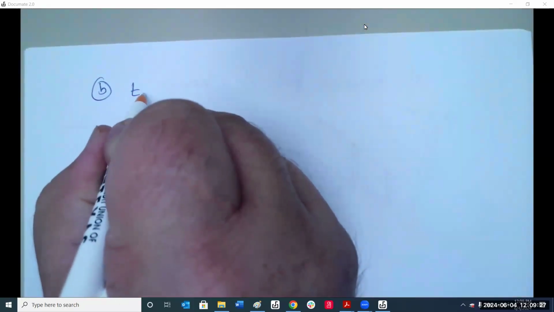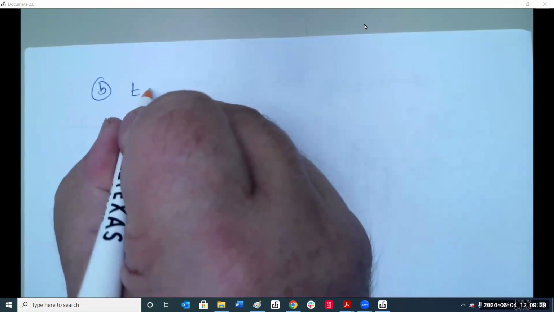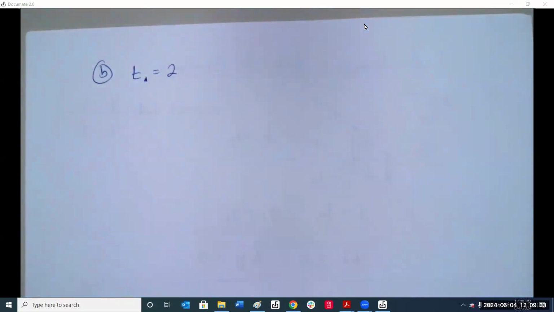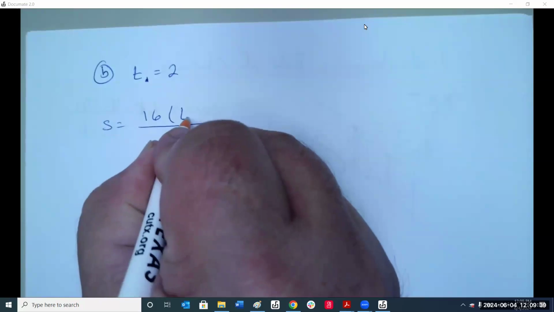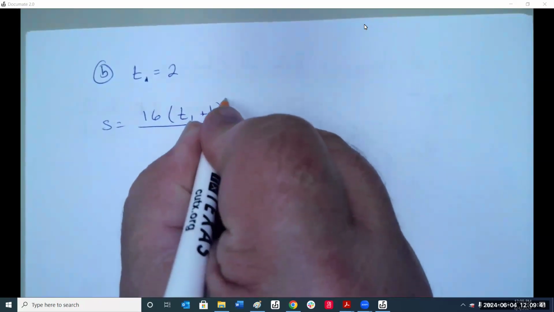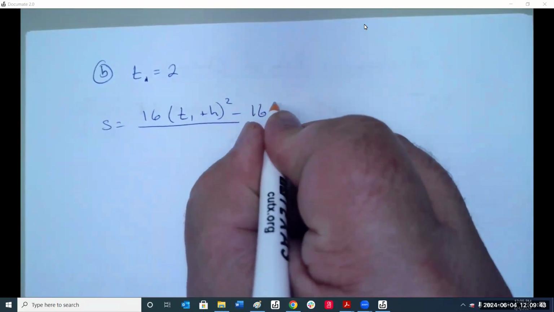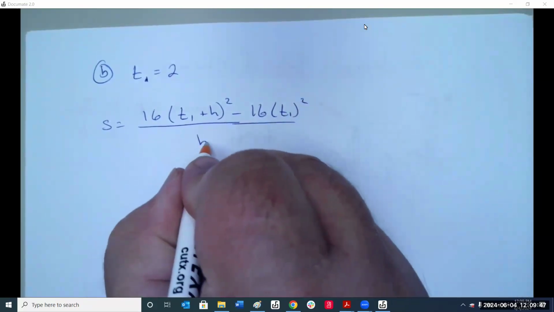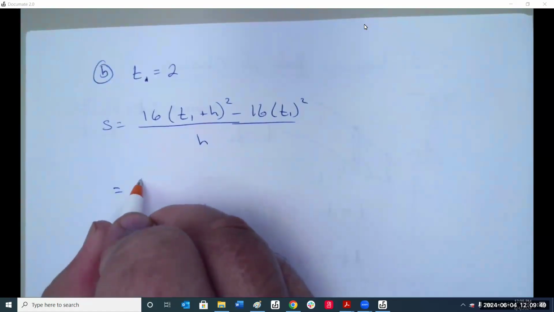So for t = 1, you said it's 32 feet per second, right? So t at 2 seconds. Our speed is 16(t1 + h)² minus 16 t1² over h.